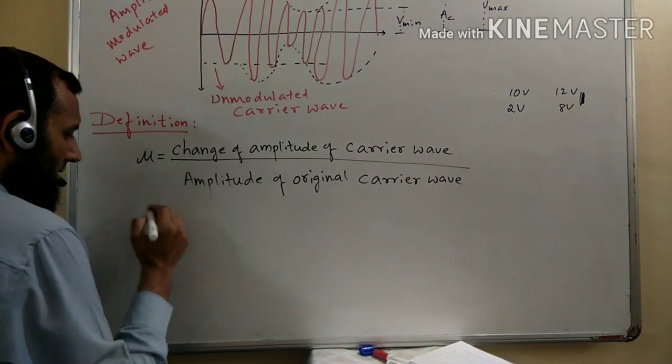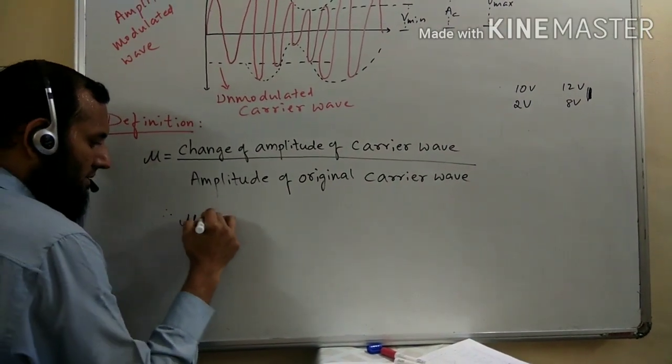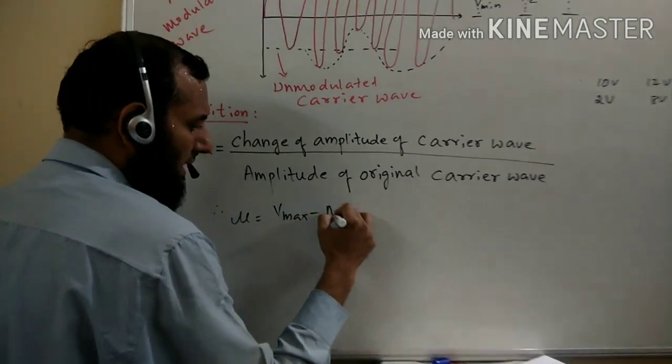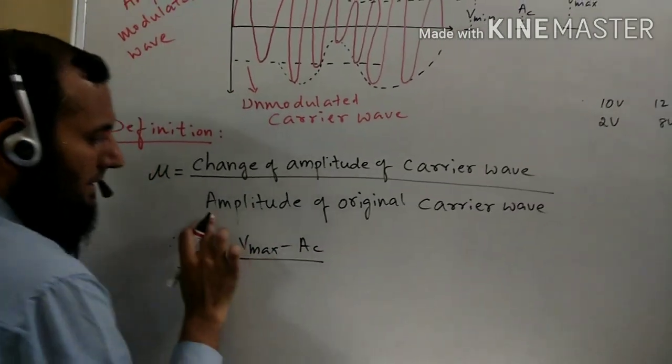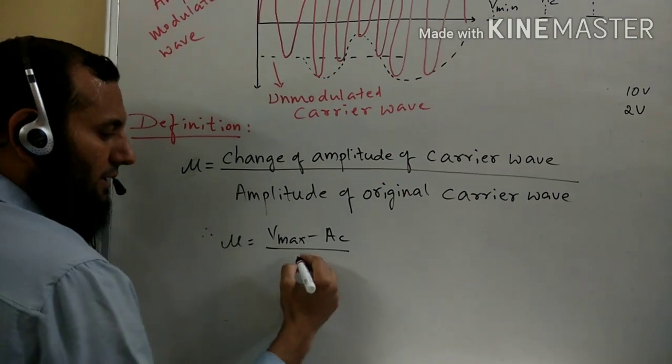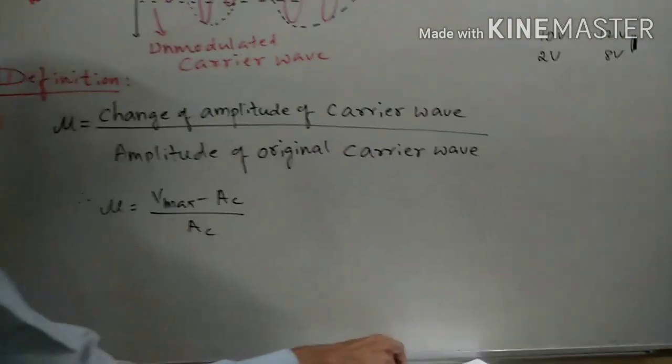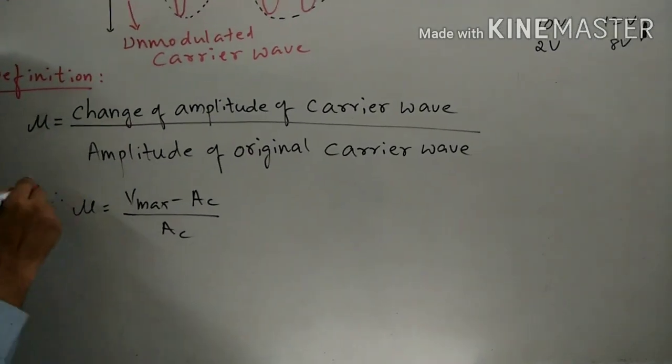Therefore mu can be written as V maximum minus AC divided by the amplitude of the original carrier wave, that is AC. So this is one expression for the modulation factor.